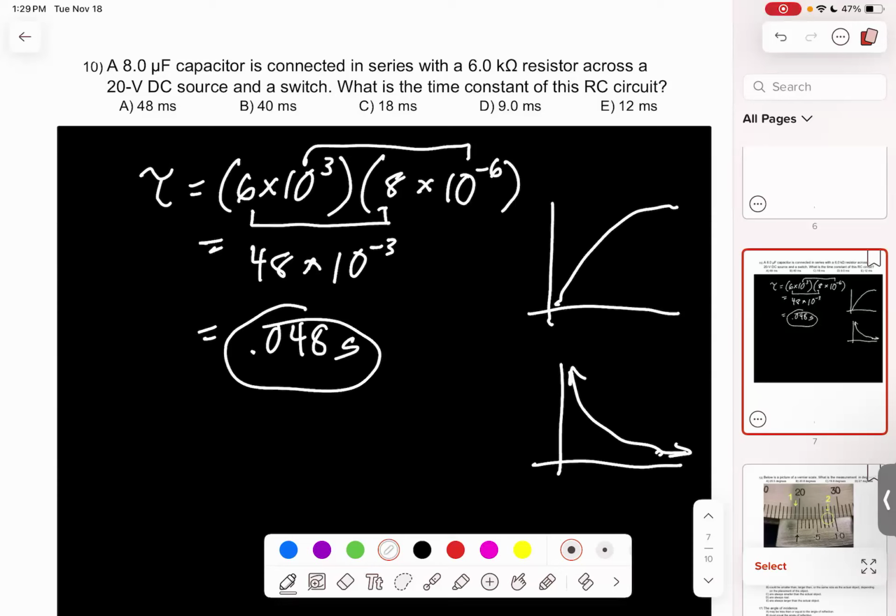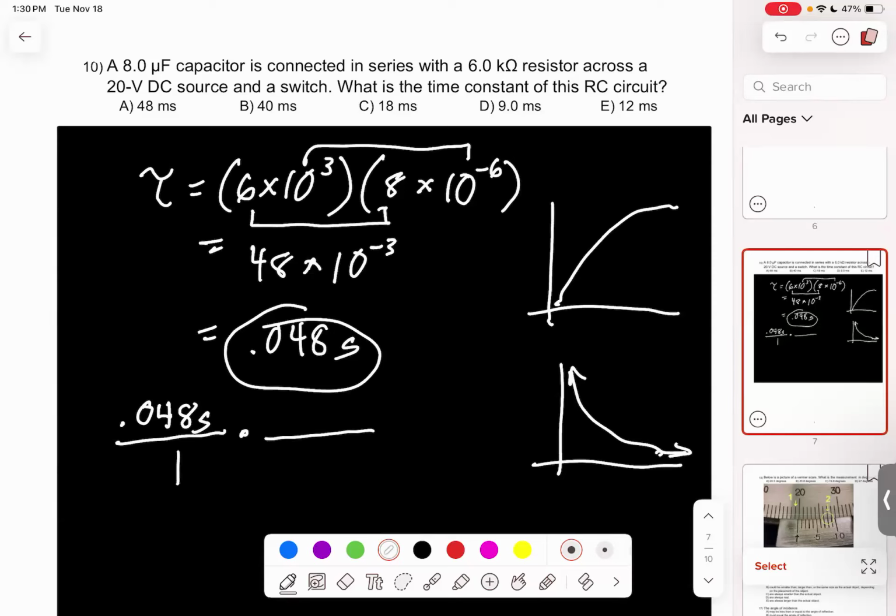Okay, so notice here in the answer, it's given to us in milliseconds. Milli means 1/1000th. If you forget how to convert, just write out what you need on your note card.